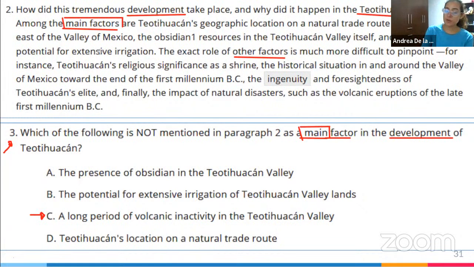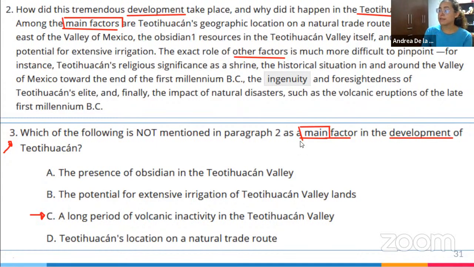And as I was telling you before, the only way to answer this question is by eliminating options. So in order to get to the one that is not a main factor, you need to first eliminate the ones that are mentioned as main factors. So you kind of turn the question around and you ask yourself, what are the main factors in Teotihuacan's development? What are those?